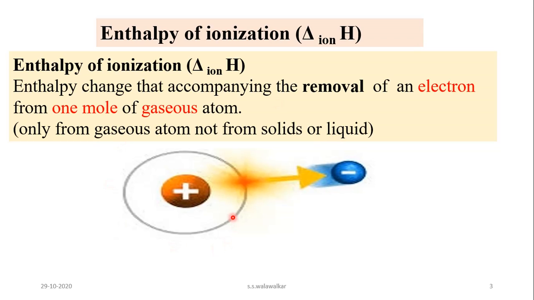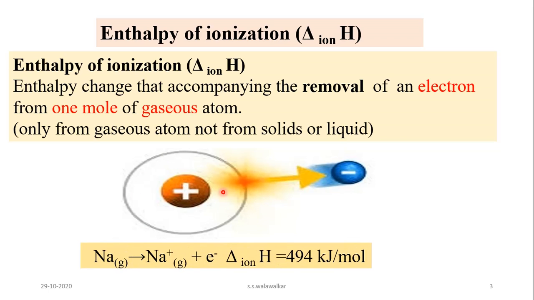For example, see here, this is an atom and this one is the electron in the outermost shell. To remove this electron, how much energy is required? That is the enthalpy of ionization, to form a gaseous positively charged ion.